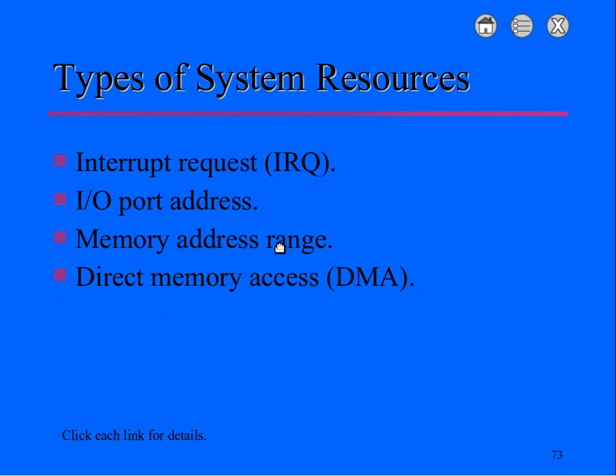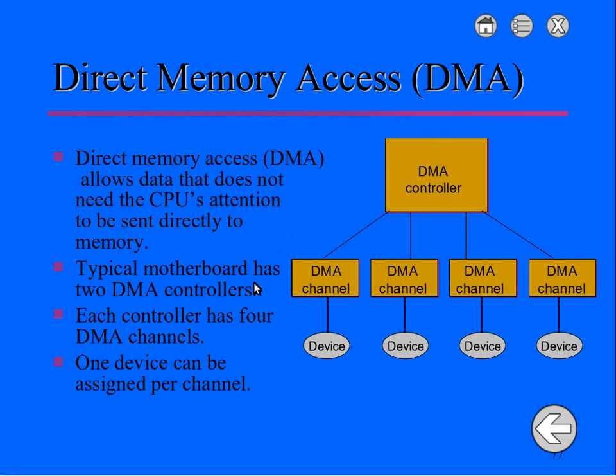Now, associated with the memory range is direct memory access channels, DMA for short. With DMA, there's a special controller built into the chipset in the north or south bridge that accesses the memory directly for devices. And there are 4 different channels that they can go through to do this, 4 different DMA channels. Fortunately, there aren't that many devices that use DMA, so we don't really need that many channels.